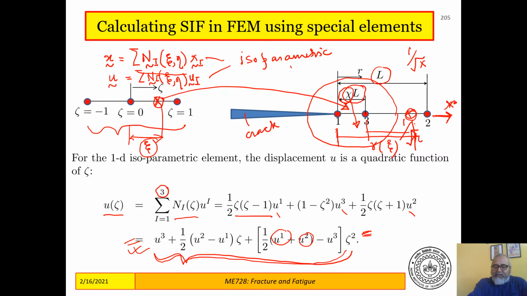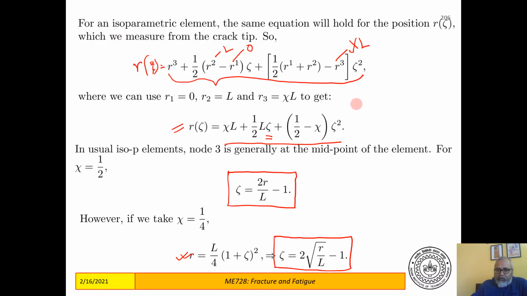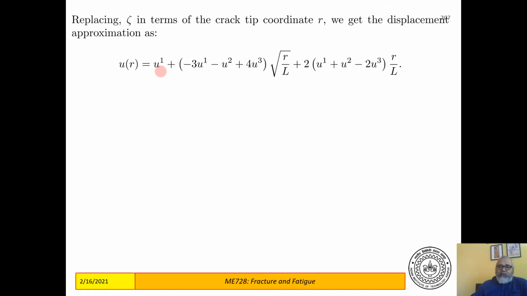So I'm going to replace zeta here by the expression in r that I have found for chi equal to 1/4, and I'm trying to find u as a function of r rather than u as a function of zeta. So let us see what kind of function the displacement at the tip of a crack is for this particular choice of chi equal to 1/4. If we do that, this is what we get.